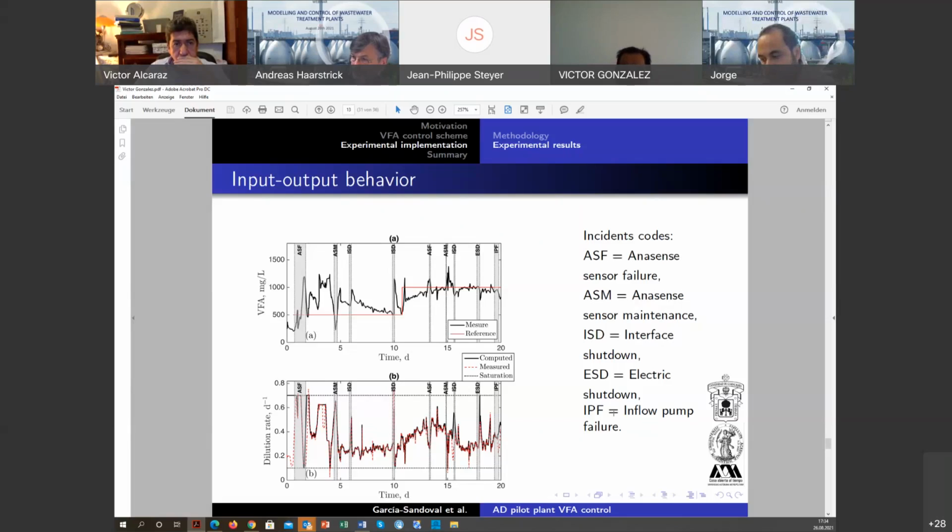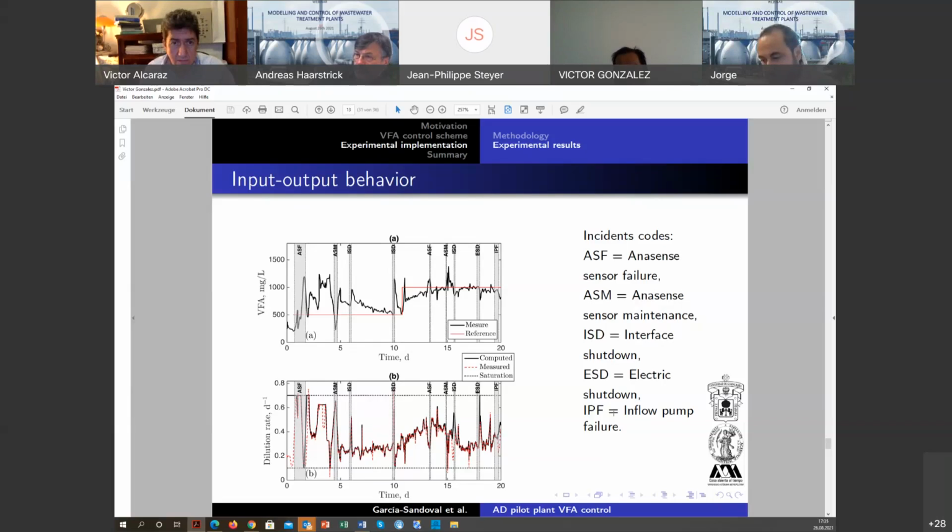What we wanted in this presentation was to show the process engineers at the tequila factory. The tequila factory is located 45 kilometers from Guadalajara. We wanted to test the controller under actual or realistic operating conditions.